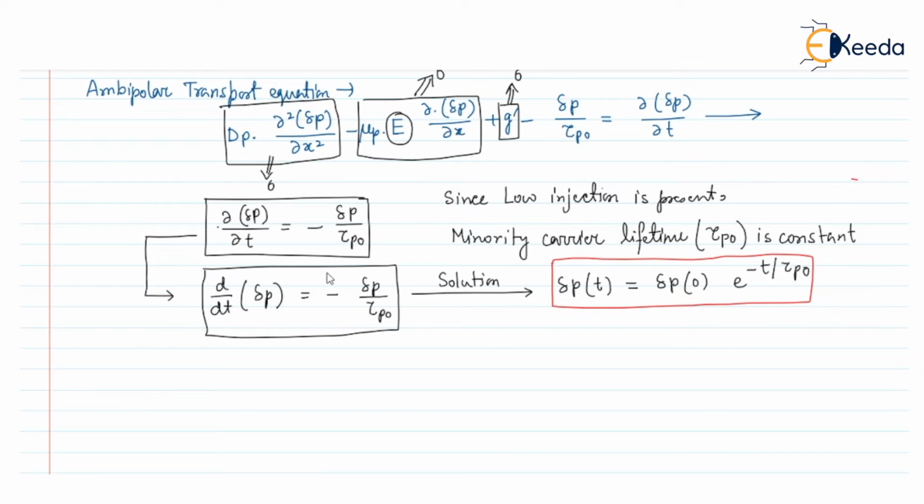And this delta p0 is the concentration of the excess carriers, or the excess holes, that exist at t equals 0.